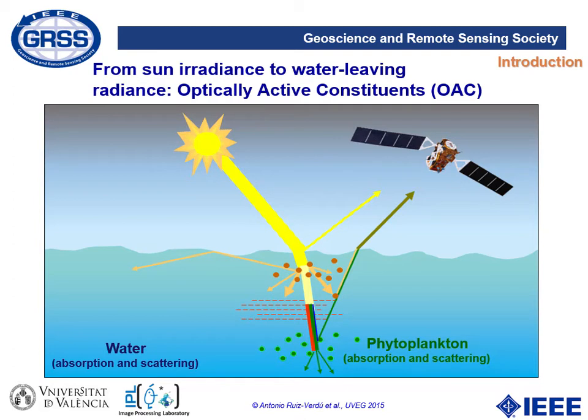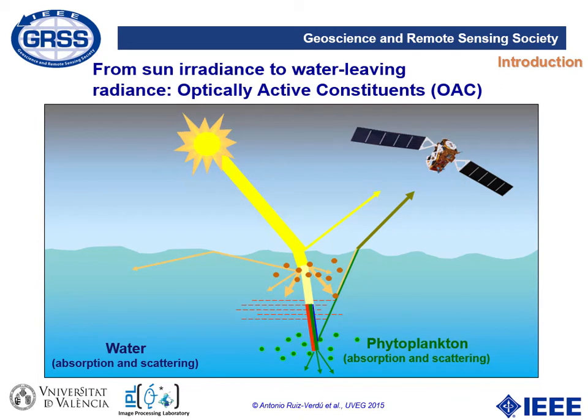Those organisms are equipped with a very complex photosynthetic apparatus, made of different pigments that selectively absorb light of some wavelengths. So phytoplankton absorbs light selectively, and uses this light for producing chemical energy.